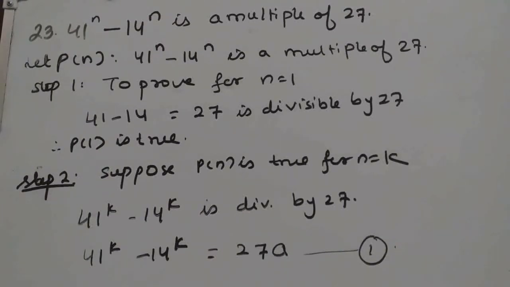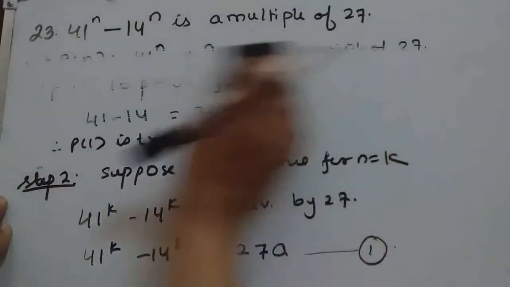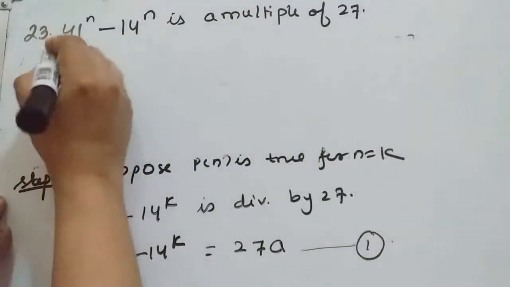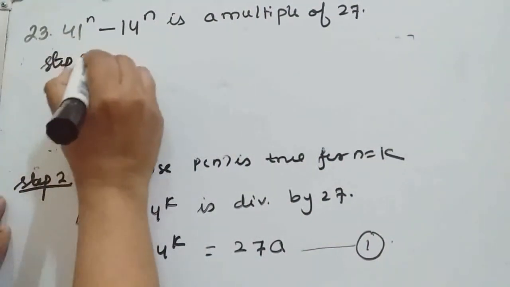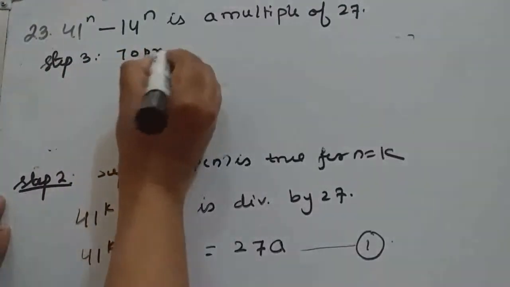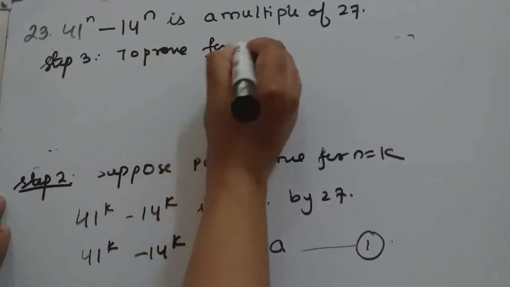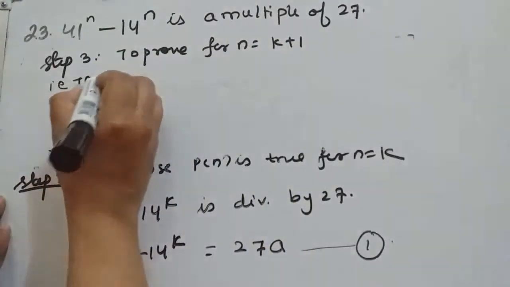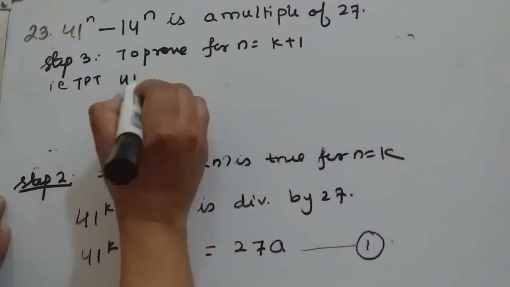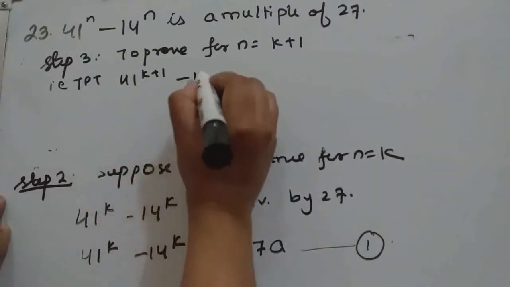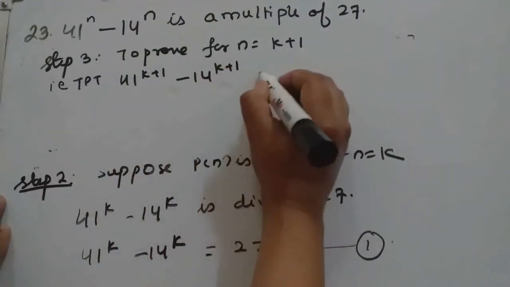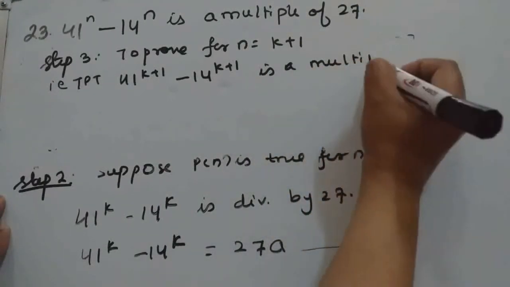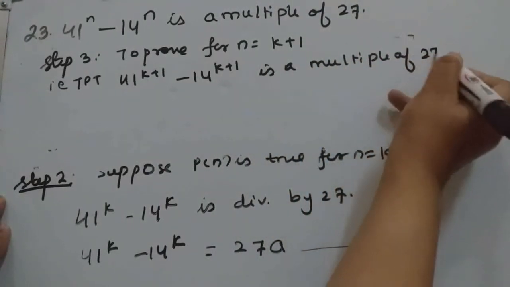Now step 3. To prove for n equal to k plus 1. That is to prove that 41 power k plus 1 minus 14 power k plus 1 is a multiple of 27.